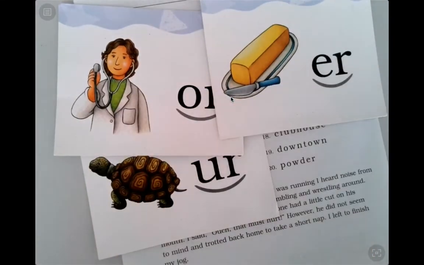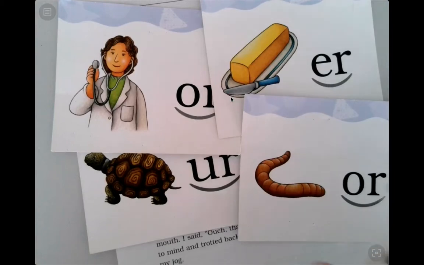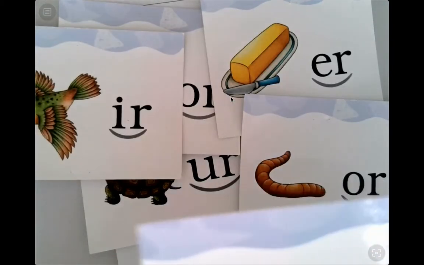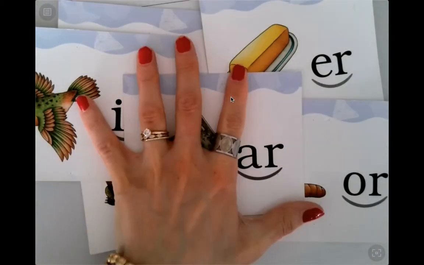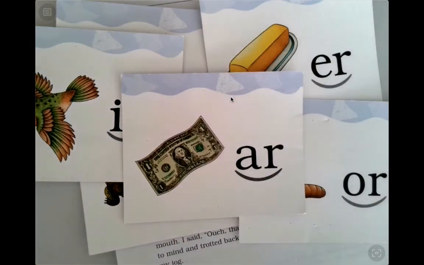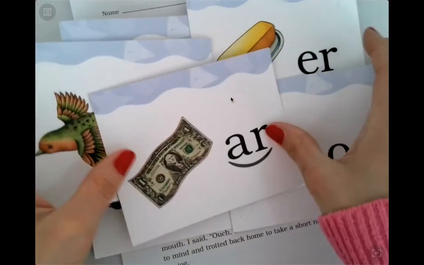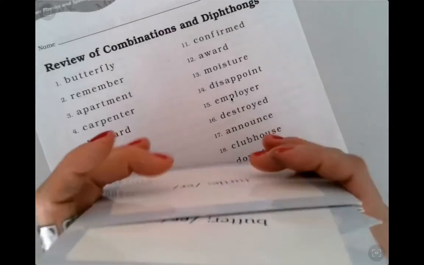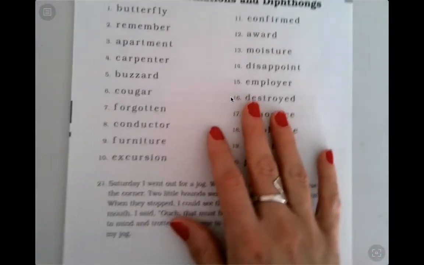Actually, that's an or. And those are all the same sounds, but they're spelled obviously with different ways. Okay, so we're going to look at our combinations and diphthongs today in our review.